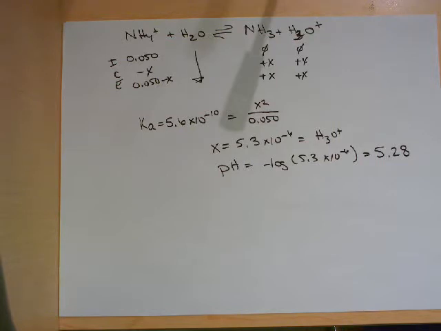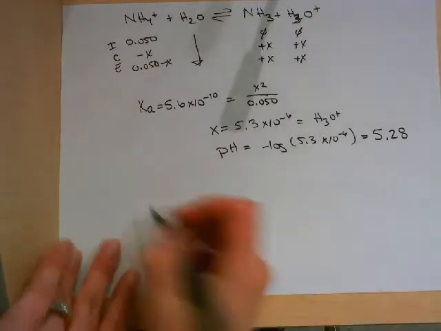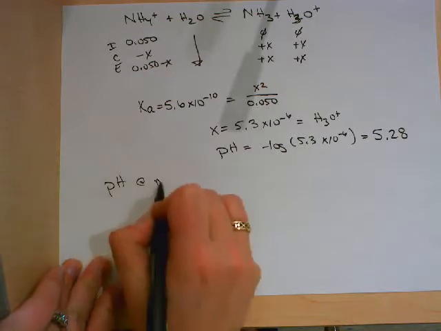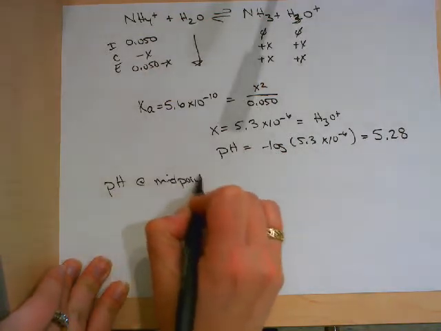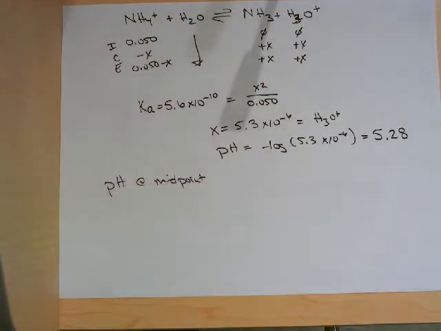Alright, why don't we do the easy one? We'll do the midpoint. Right off the bat, what's the pH of the midpoint? Not 7, because it's not a strong acid, strong base. pH equals pKa at the midpoint.